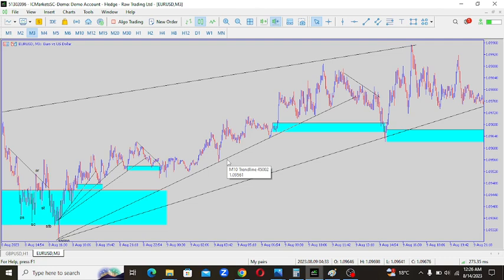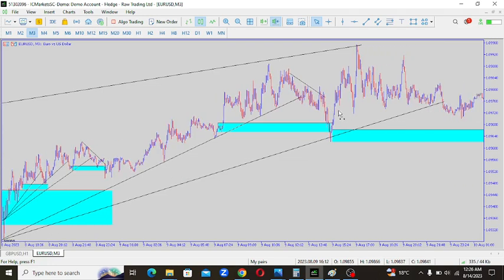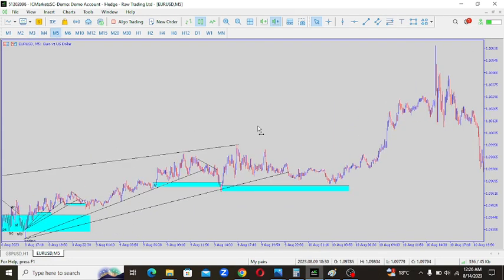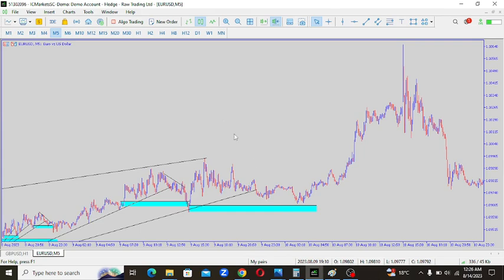I'm counting risk to reward. But when it's retracing, you see those emotions. When I hit the stop loss, I feel bad. You see, it's a mess. Emotion, psychology. Even if I miss the trade, I still count the risk to reward. You see, it's a mess.